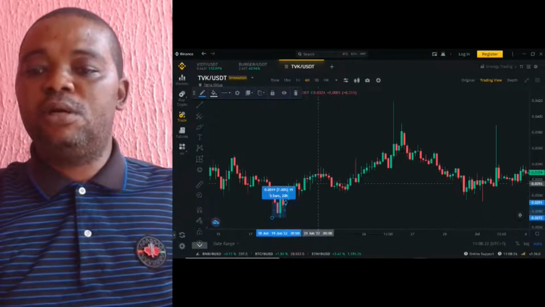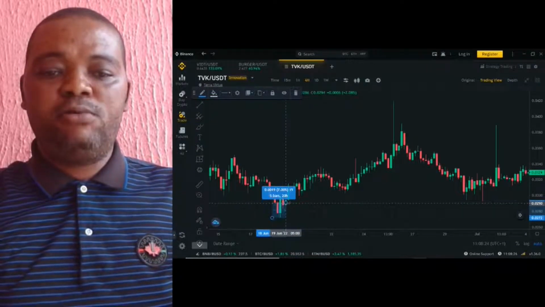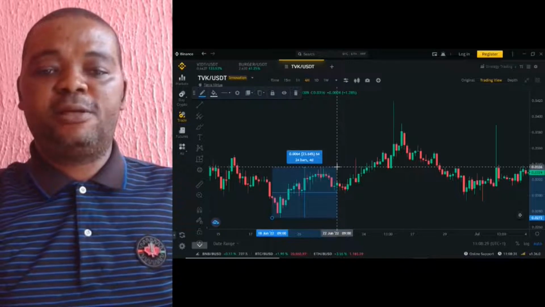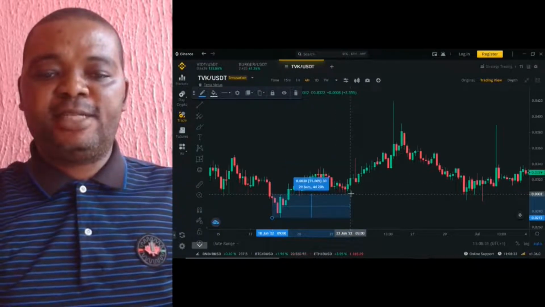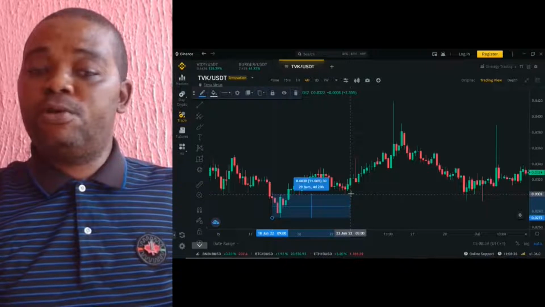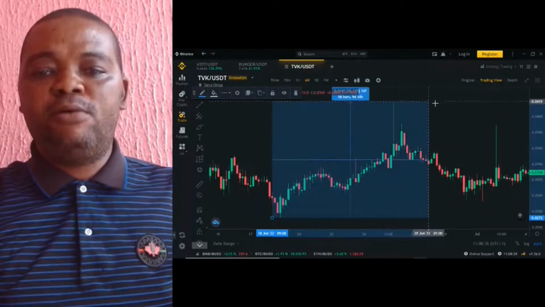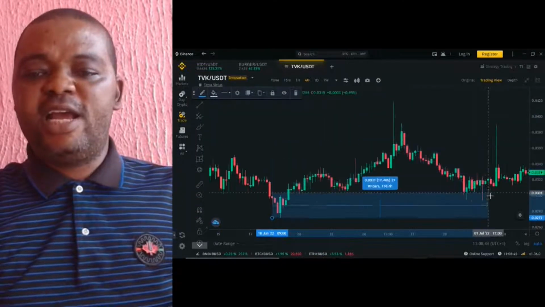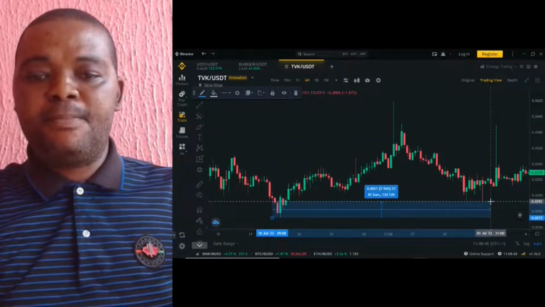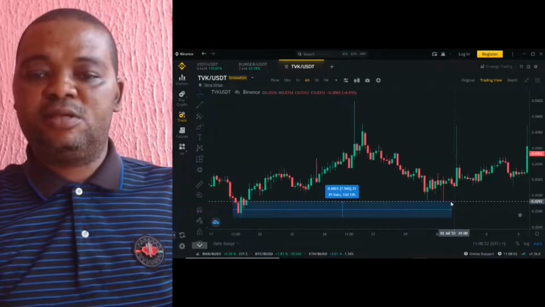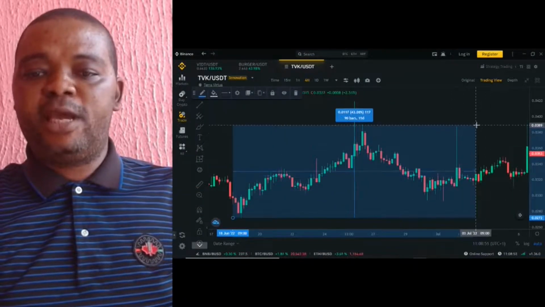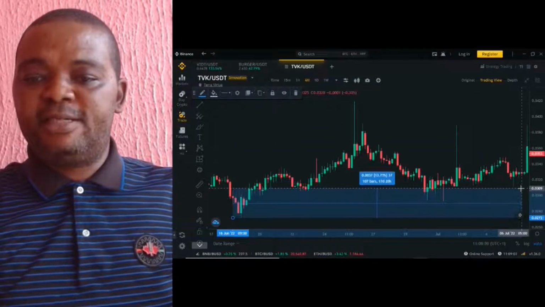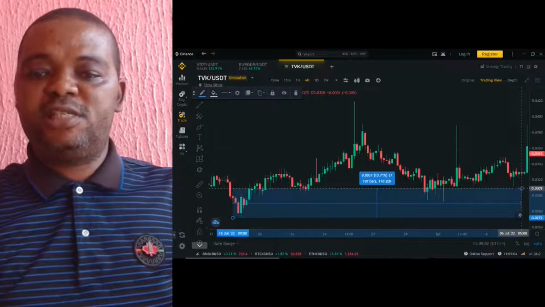0.0272 cent, and bounced up by 23%, and then dipped back down to 11%, and then bounced up by 53.84%, and then dipped back down to 7.56%, and then bounced up again by 43%, and then dipped back down to 13.71%.